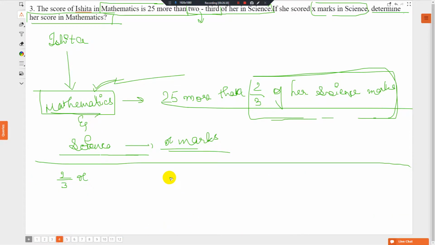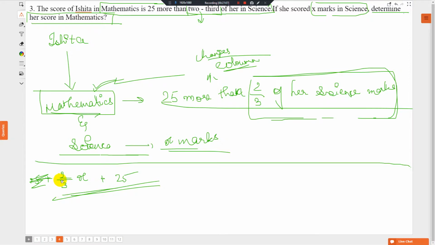So "more than" means it changes, right? Instead of writing 25 less, we write plus 25. We know that "more than" comes in the change column. So 2 by 3 x plus 25 is the marks of mathematics.